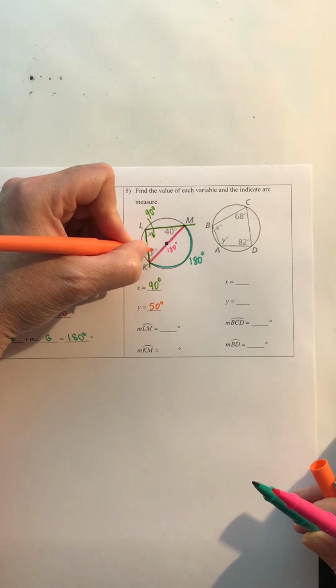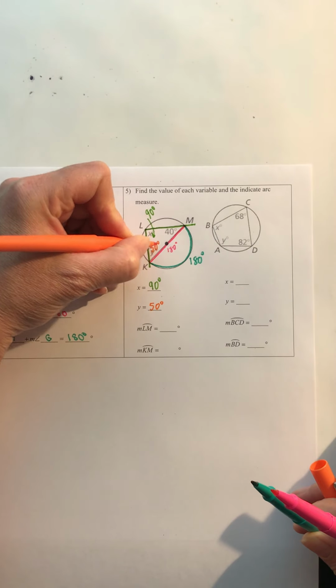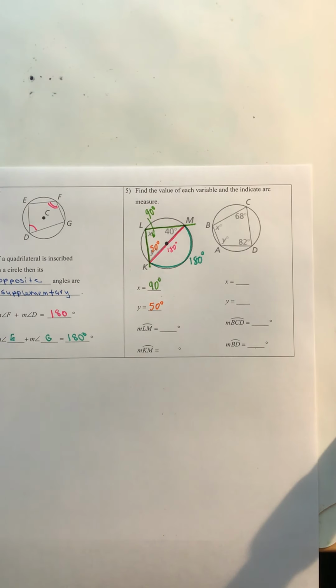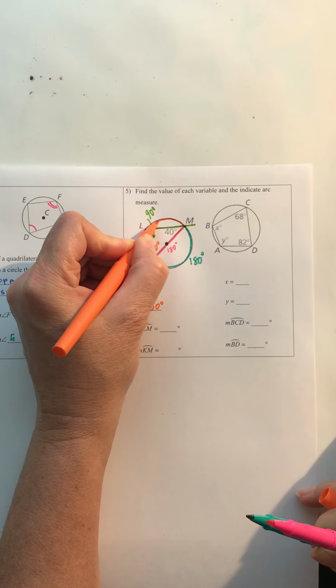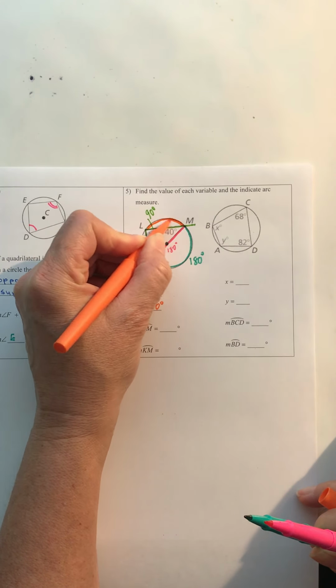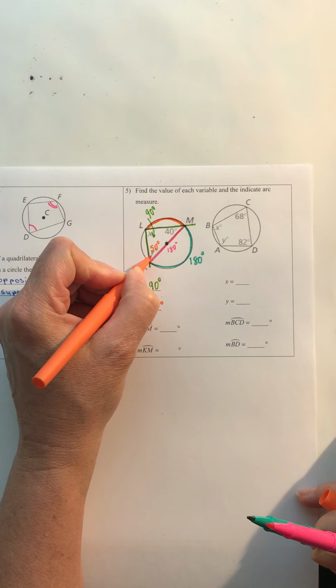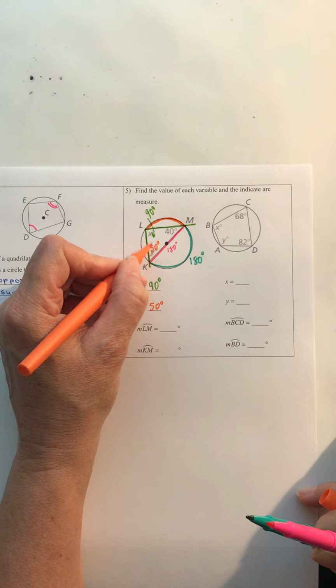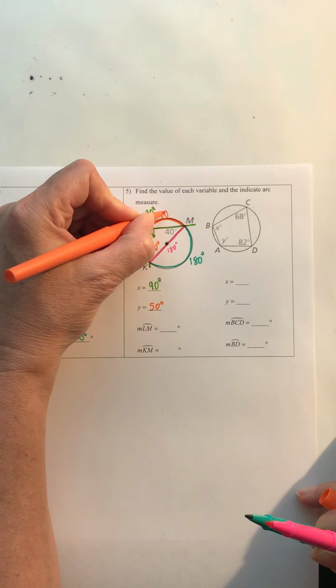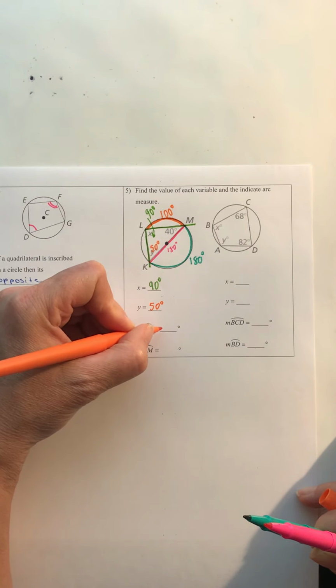And then if I know that this is 50 degrees, then I know that the intercepted arc across from that isn't the same size as this. Remember, these two are related by half. So if the angle is 50, then the arc would be 100 degrees.